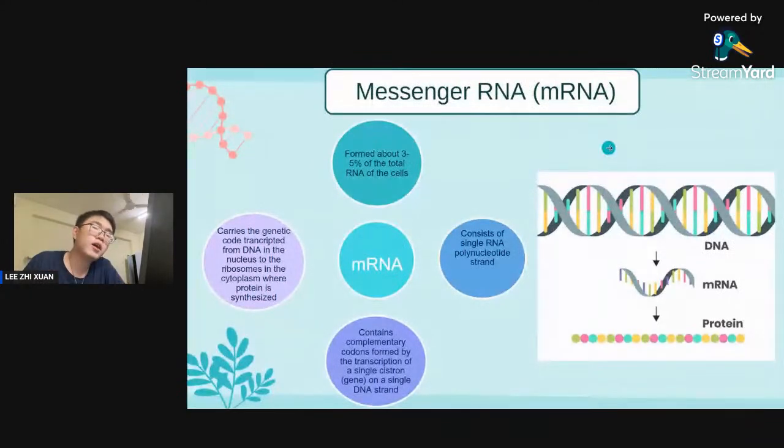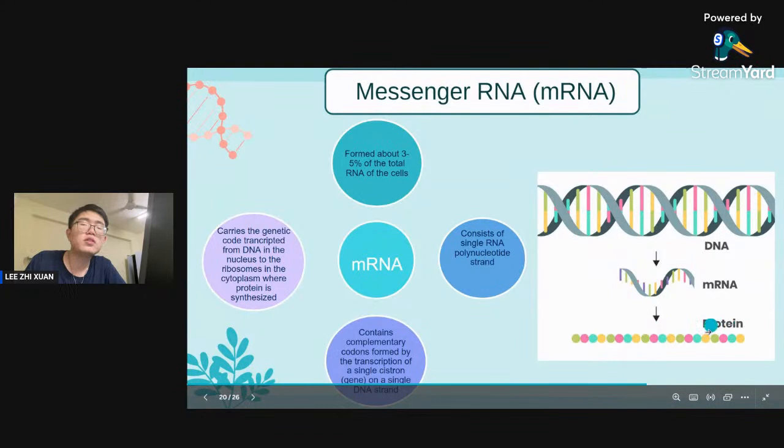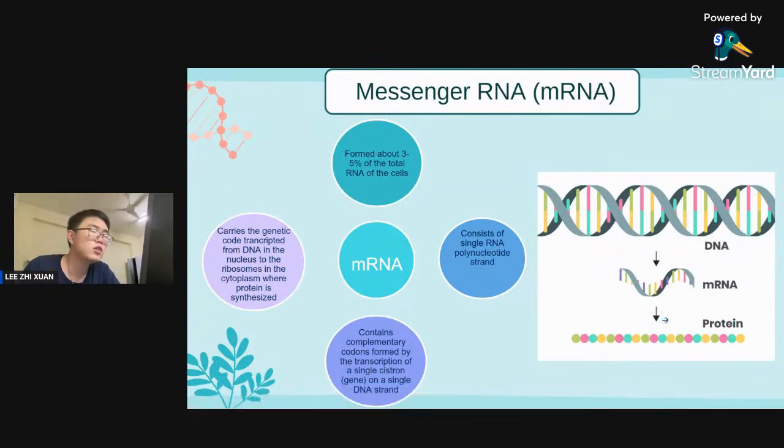In our body, our cells can produce protein molecules. How do our cells produce protein molecules? Based on DNA, through the transcription process it produces mRNA, and then mRNA goes through the translation process to produce a protein molecule. The process you don't need to know, you will learn in Semester 3.